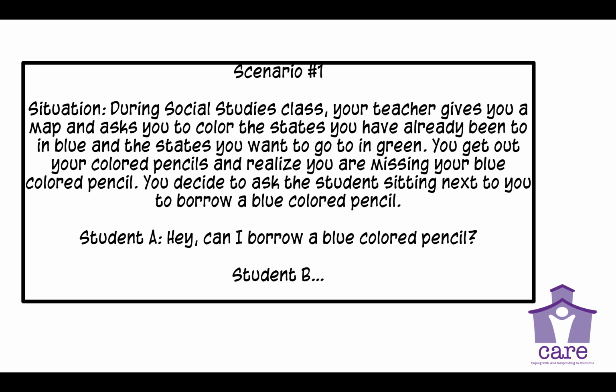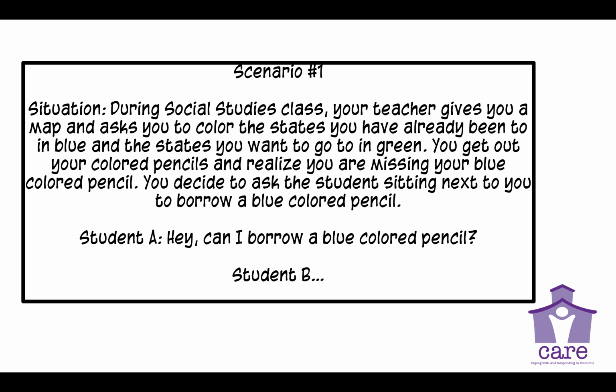So for example here, this first situation, we have the teacher asking students to color the map with states, and they're supposed to color the states you've already been to in blue, states you want to go to in green, and so it's time to get out colored pencils, and student A realizes they're missing their blue colored pencil, and so they're going to ask the student next to them, which is going to be you, playing the teacher, to borrow a blue colored pencil. So student A is going to ask, hey, can I borrow a blue colored pencil?